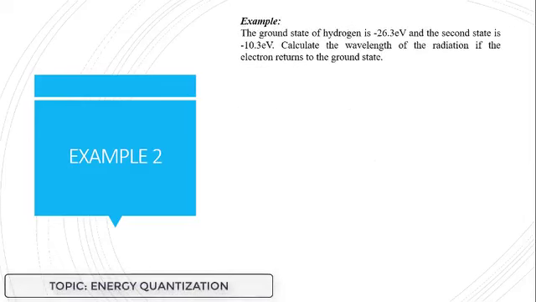It says the ground state of hydrogen is minus 26.3 electron volts and the second state is minus 10.3 electron volts, and we're asked to calculate the wavelength of the radiation if the electron returns to the ground state. So as usual, we find our solution.